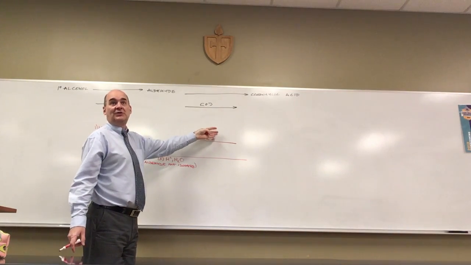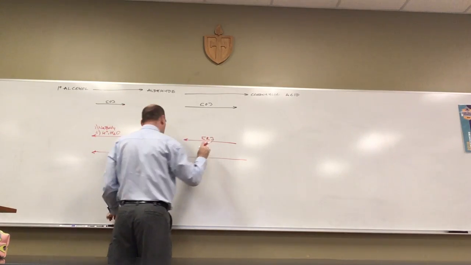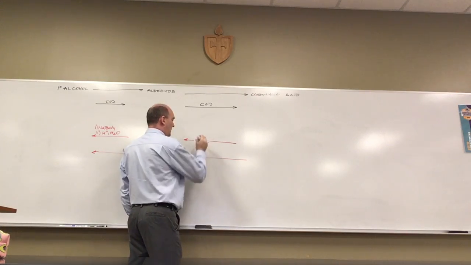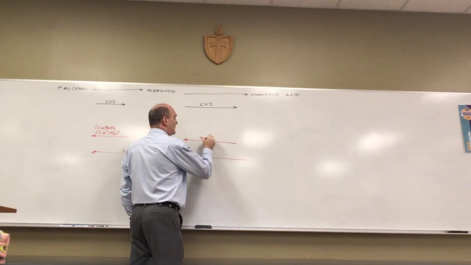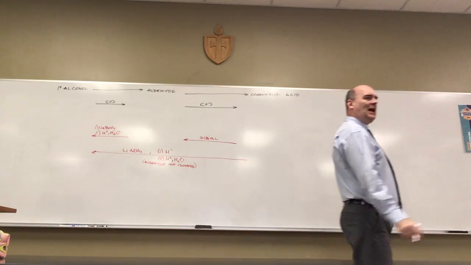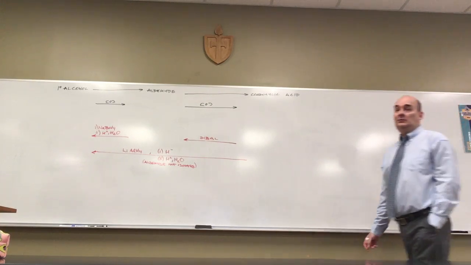And scarce resources are the ones that we pay money for. So there is a reducing agent here called DIBAL, D-I-B-A-L or D-I-B-A-H, depending on which book you read.